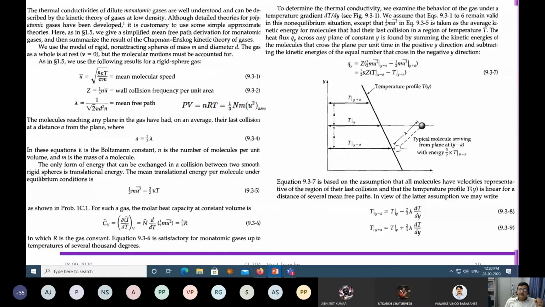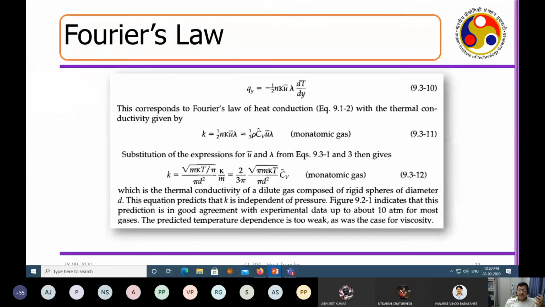Then the other important factor is the temperature gradient across your space, how the temperature is changing. Then what are the other important factors? The specific heat, the capacity to retain heat, which is a fundamental property of a molecule. So you can see that all of them come together in order to define the most fundamental definition of thermal conductivity, which is a function of a lot of parameters.